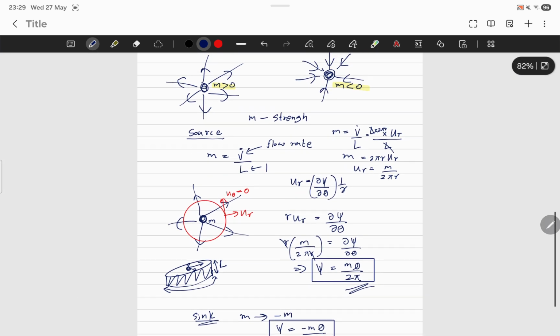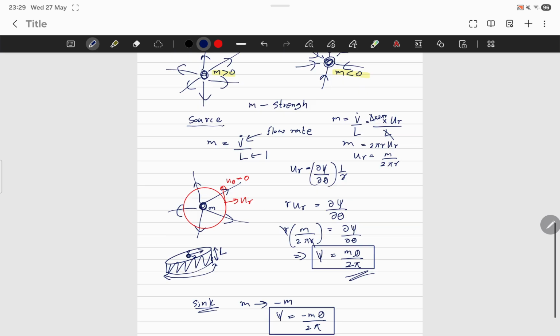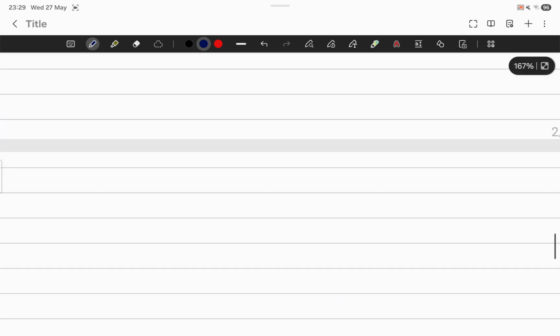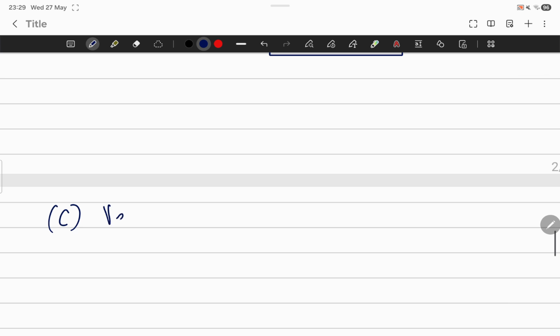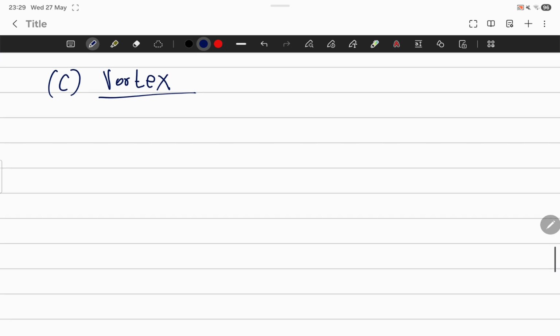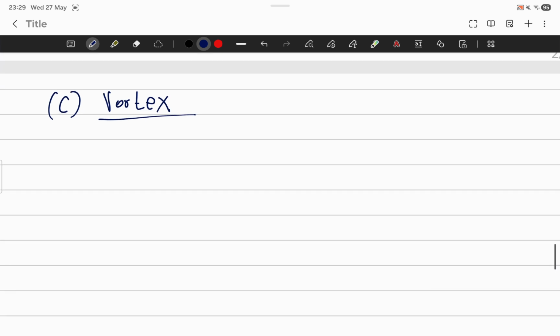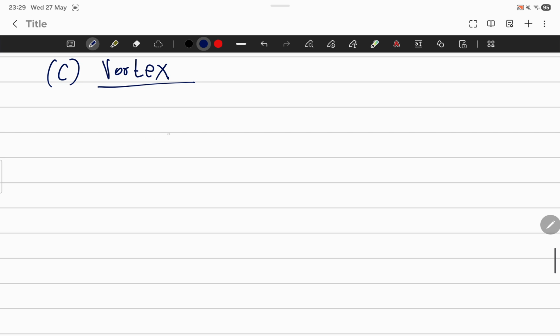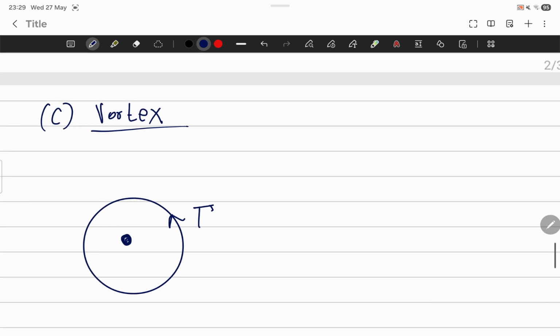Okay, so let's consider a vortex, right? So the last one, which is vortex. So if this is a vortex, we need to think about the circulation, right? Which is otherwise vorticity. So let's consider a point like this, and let's say it has a vorticity like this.